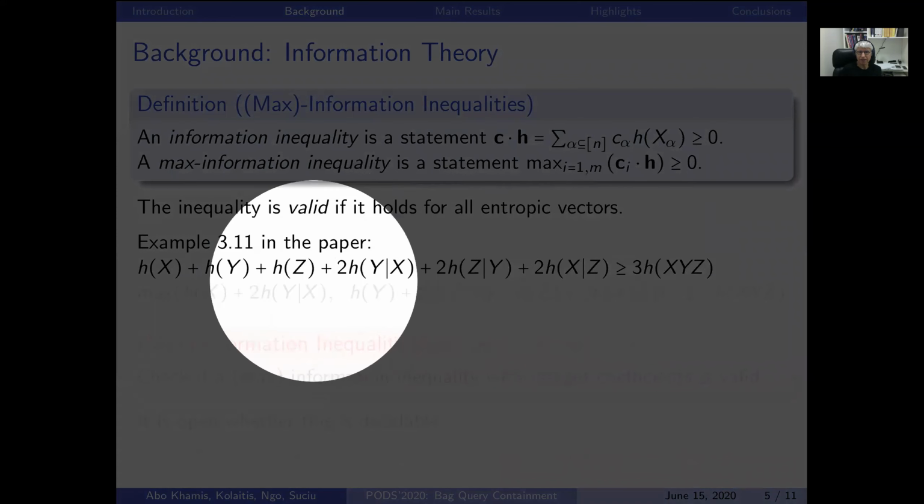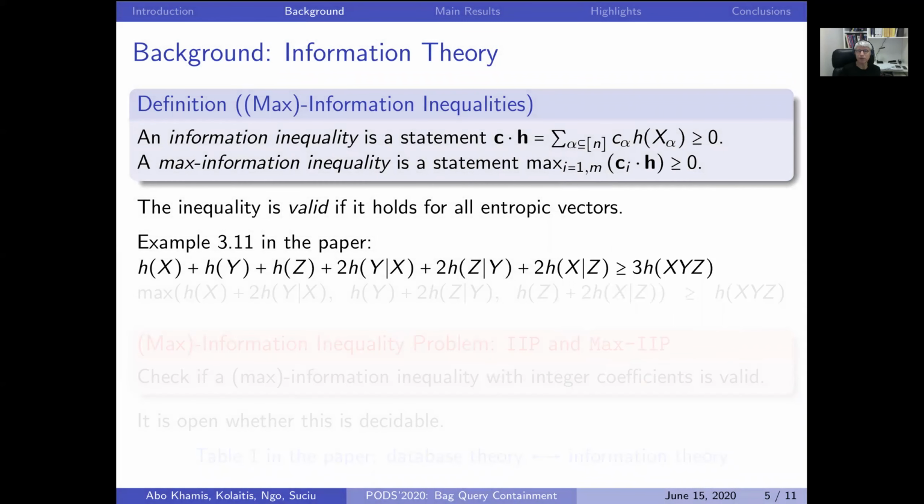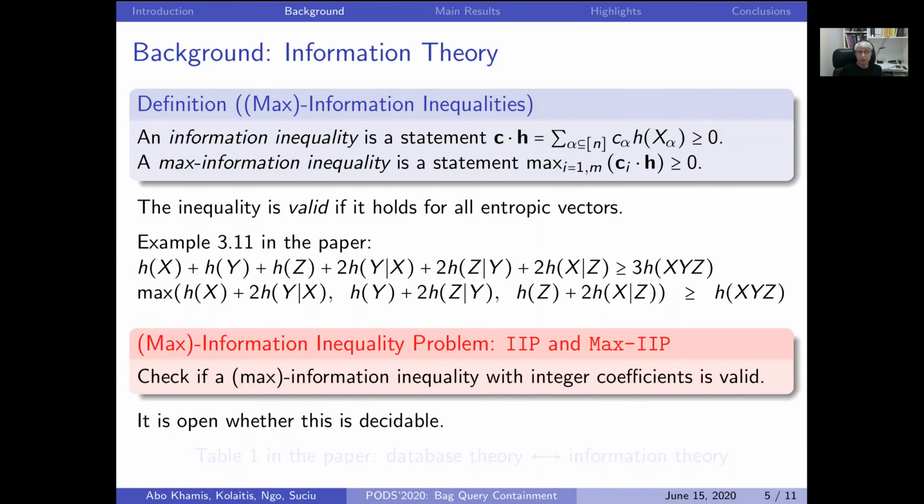So this remains a linear expression, which we assert is greater than or equal to 3 times h of all the variables x, y, z. And we can also examine a max information inequality, which would look something like this. With these notations, we can define the max information inequality problem, IIP without the max and Max-IIP with the max, to be: given an information inequality with integer coefficients, check if it is valid. And as I mentioned, it is still open to date whether even the simpler information inequality problem without max is decidable. So this was my quick background in information theory.